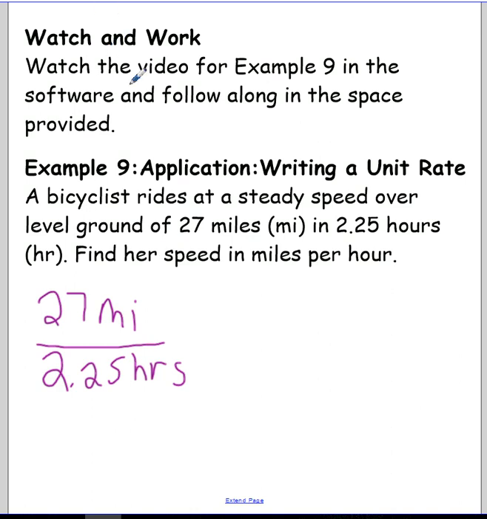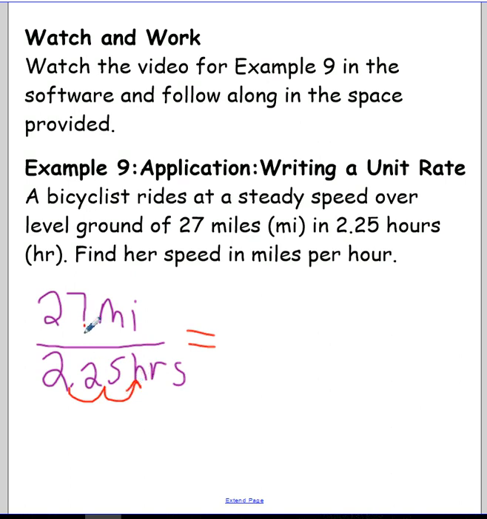So there's 2 different ways you can look at this. We know we're supposed to divide, so you could just take 27 and divide it by 2.25 and get the answer straight from there, which is 12 miles per hour. However, if you're trying to type it as a fraction into your calculator, the fraction will not let you put a decimal inside of a fraction. So again, we could get rid of the decimal. There's 2 spaces after the decimal here, so we have to move that decimal 2 places to get rid of it.